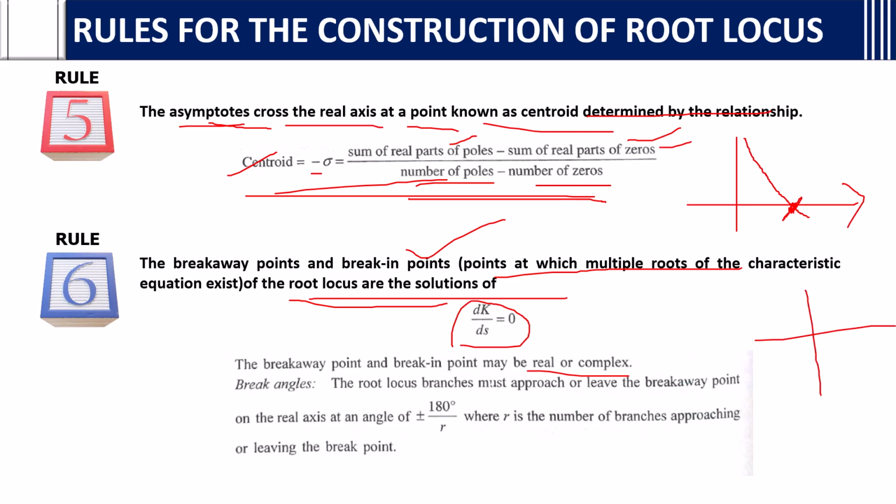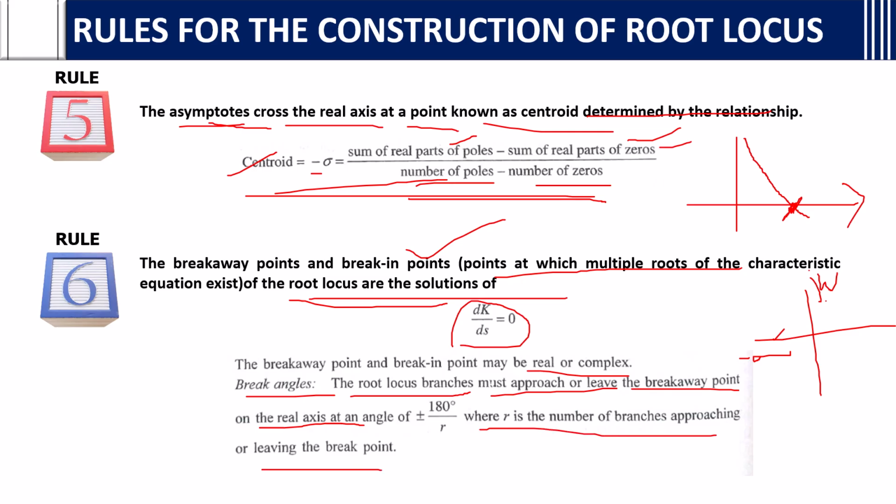This is real, no? This is minus sigma and this is j omega. It can be real or complex. So, the break angles. The root locus branches must approach or leave the breakaway point on the real axis at an angle of plus or minus 180 degrees by r, where r is the number of branches approaching or leaving the breakaway point.